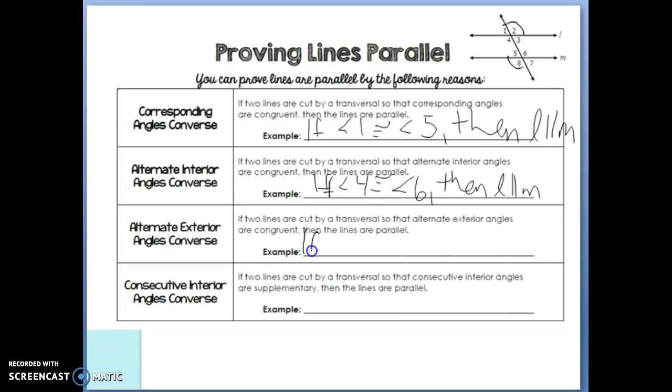So if angle 2 is congruent to angle 8, then that does say line L is parallel to line M. So if they tell us angle 2 is congruent to angle 8, the alternate exterior angles.